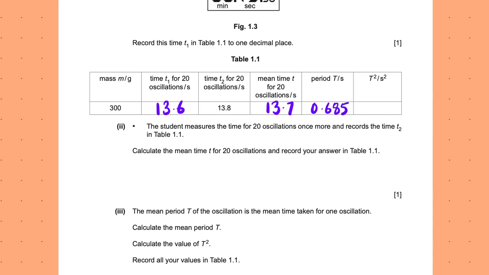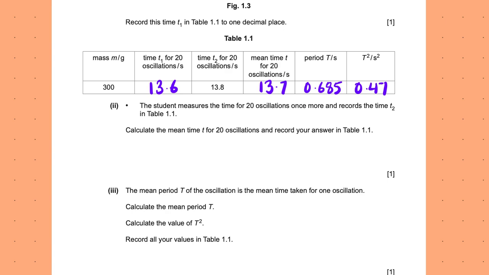Right? So again, when calculating something from a previous value, make sure that the number of significant figures are the same, right? So 0.685, and then t squared, so the square of this is 0.469225, so 0.469, or you can say 0.47. So this is done.